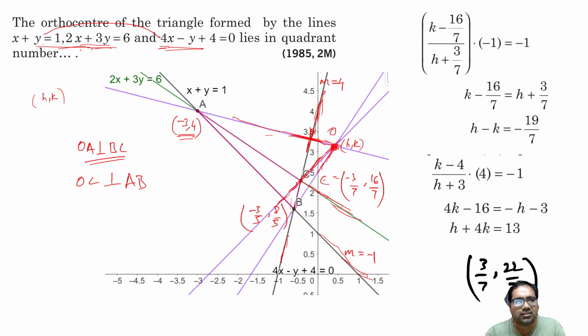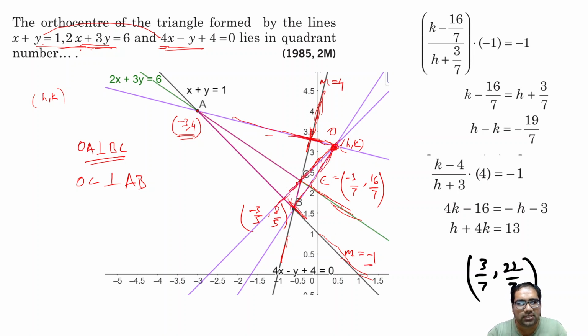If we assume H, K as this point, then what does that mean? The slope of O and C, where the point C is minus 3 by 7, 16 by 7, so that means K minus 16 by 7 over H plus 3 by 7, into the slope of this line, which is minus 1.